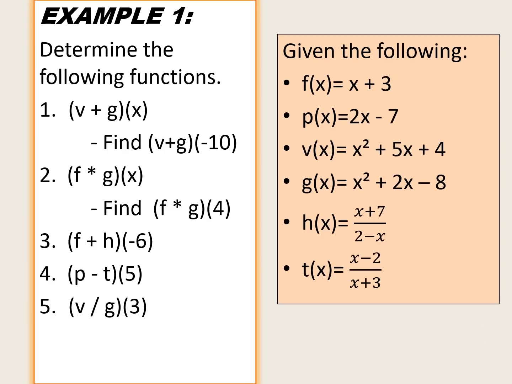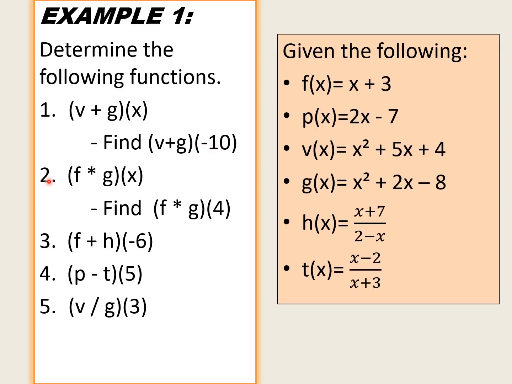Okay, we have here our set of examples in this slide. Now, according here, determine the following functions. So we have how many given here? We have 5. Okay, 5 examples. For item number 1, it is v plus g of x, wherein we are tasked to look for the sum of v and g, and at the same time evaluate natin using x, which is equal to -10.